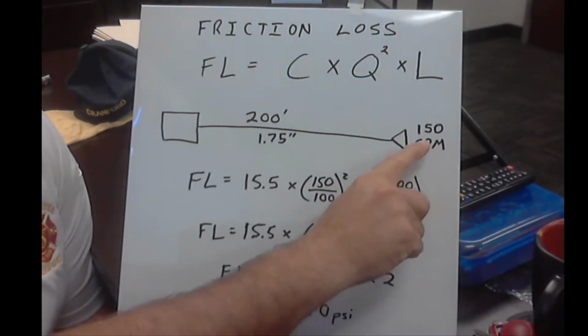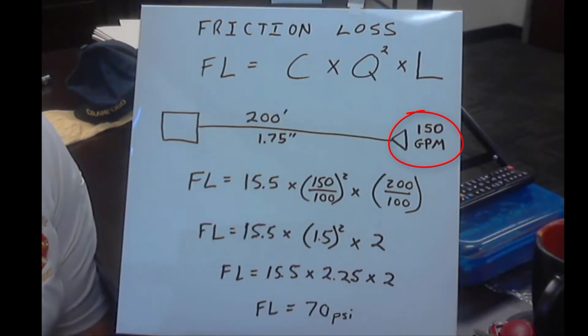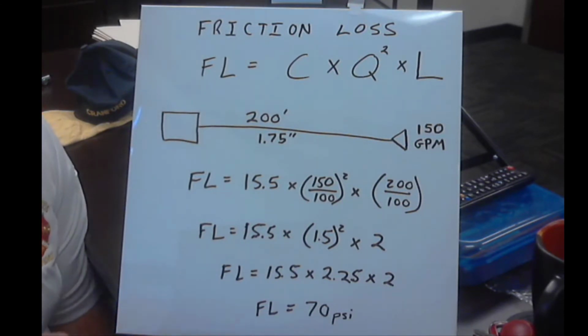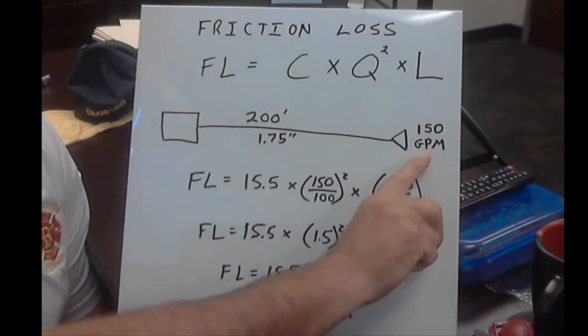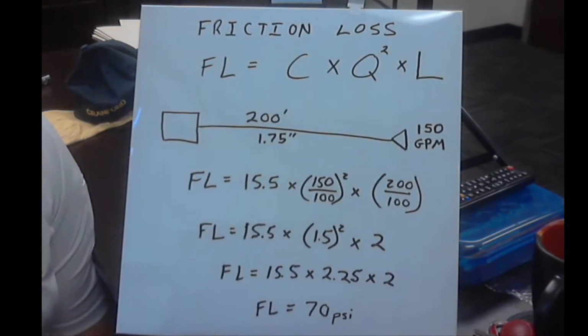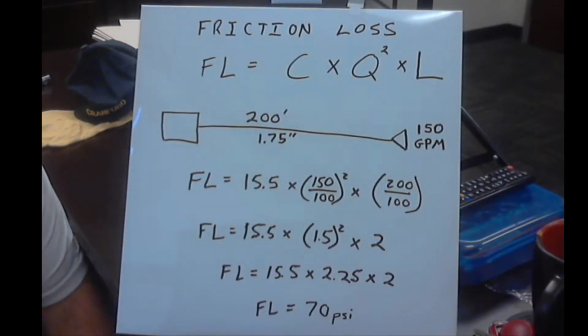And our nozzle, where we get 150 GPM, if we have an automatic or a fog nozzle and that has a particular GPM setting on it, that's where we, if we supplied that with the appropriate pressure, would have that much GPM coming out of the hose line. So that number could be given to us depending on what our nozzle person tells us.